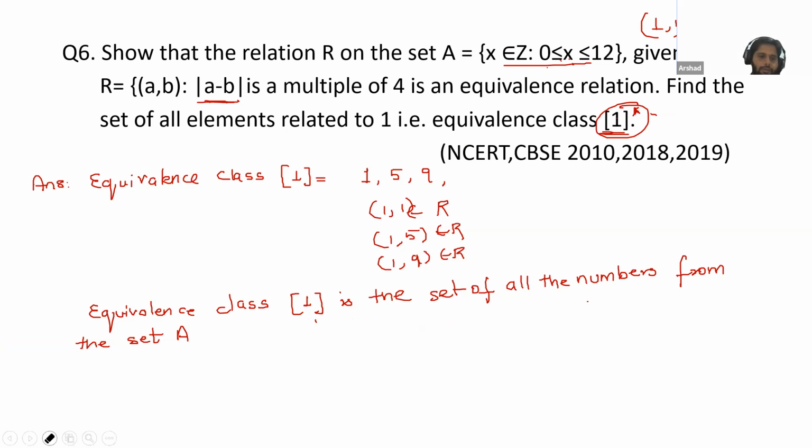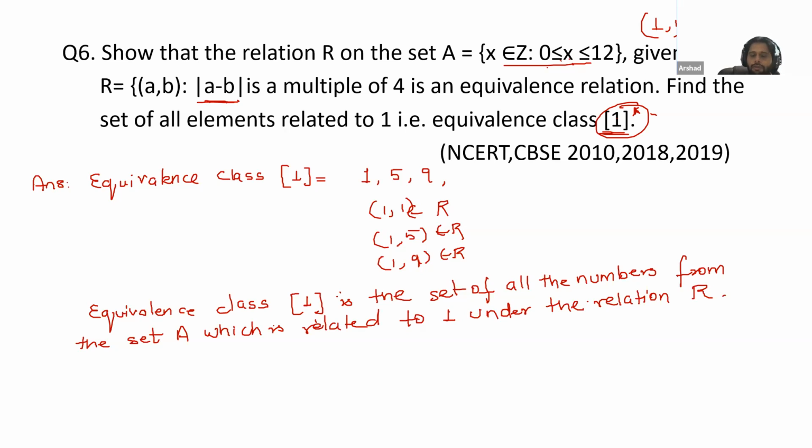From the set A, which is related to 1 under the relation R. Okay.